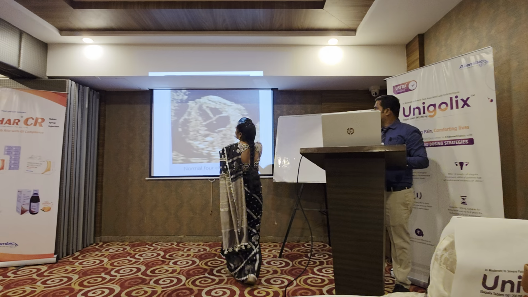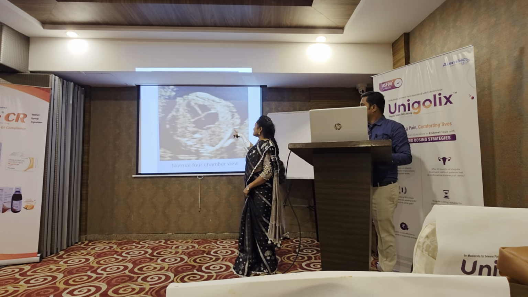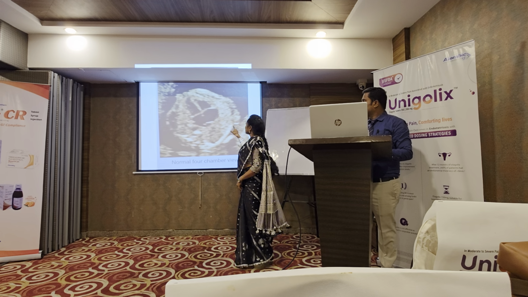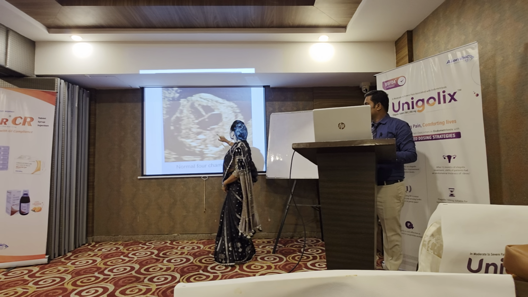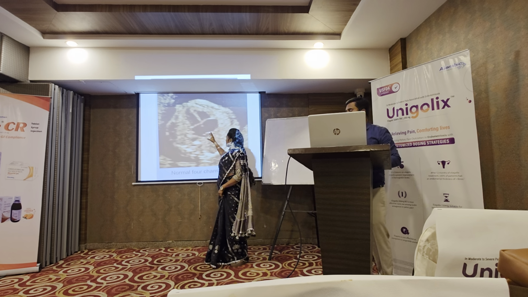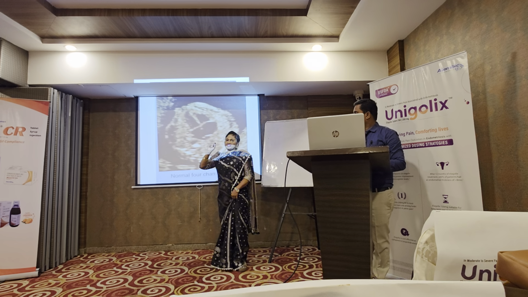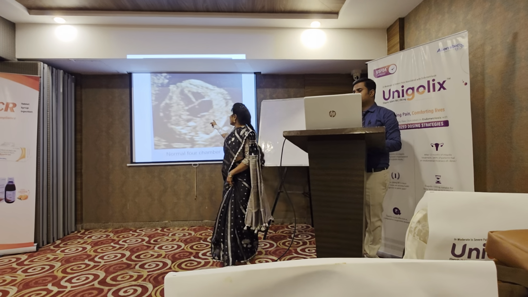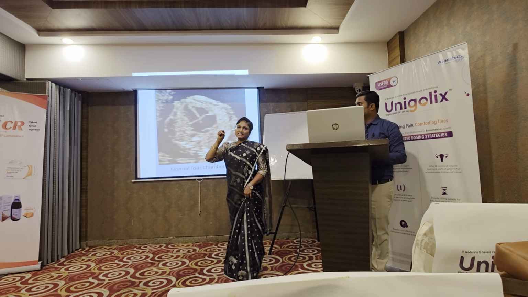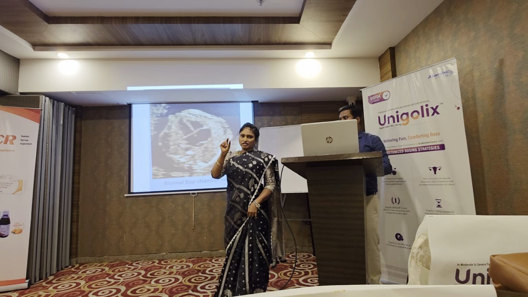So this almost rules out 98% of the anomalies. So make sure you see this view correctly. In this you have to see all the 4 chambers. The most important, the 2 valves, bicuspid and tricuspid valve, when they are actually moving. And here in the left atrium, you should be able to see both the sides, the pulmonary veins entering, and just beside that there is the aorta.